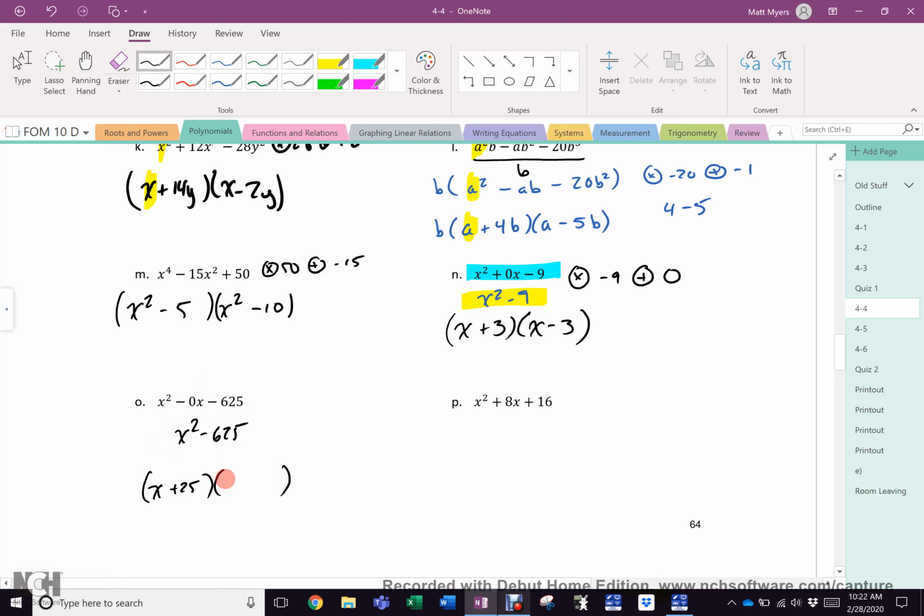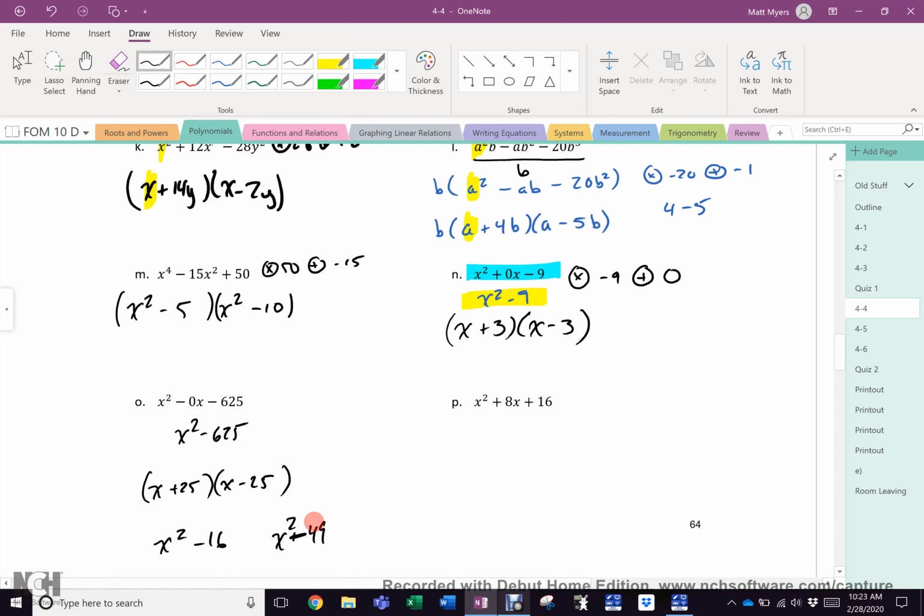X plus 25, x minus 25. What would this one be? X squared minus 16. X plus 4, x minus 4. What would this one be? X squared minus 49. X plus 7, x minus 7. What's the pattern? Square root, right?